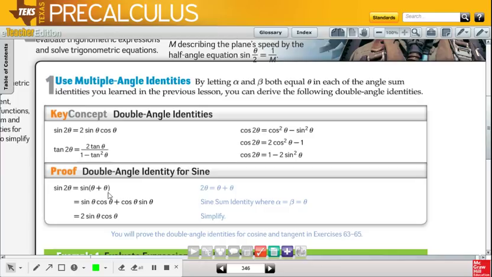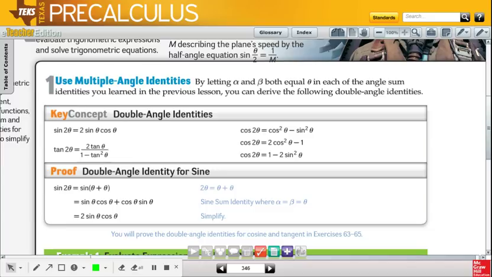So that's, again, tying to what I said in the beginning, when you have two angles of the same measure just being combined. For example, x plus x, that's the same thing as 2x. If you have m plus m, that's the same thing as 2m. If you have f plus f, it's the same thing as 2f.